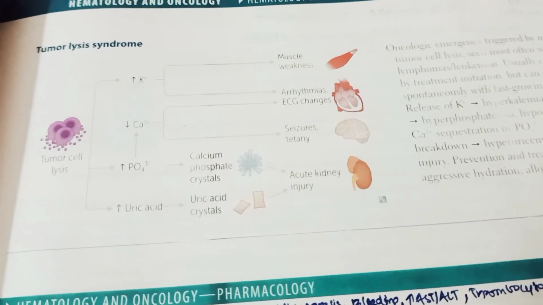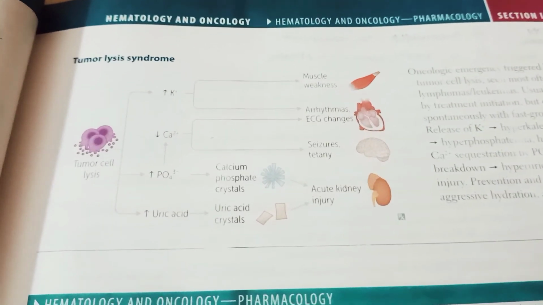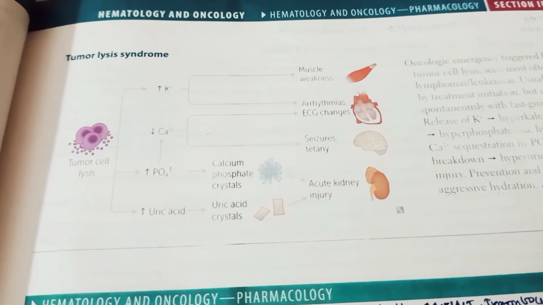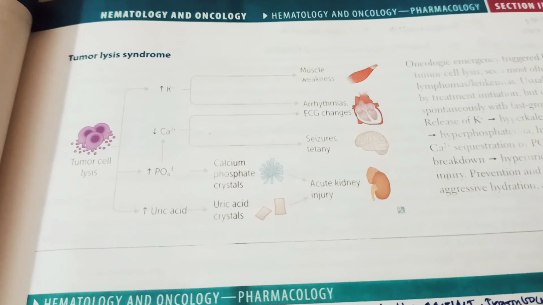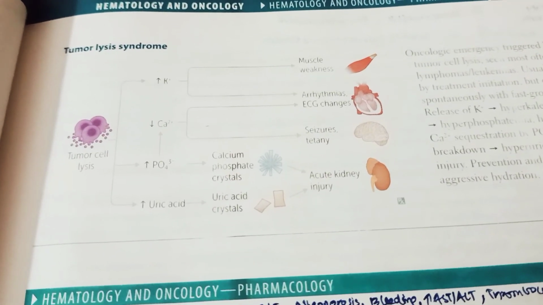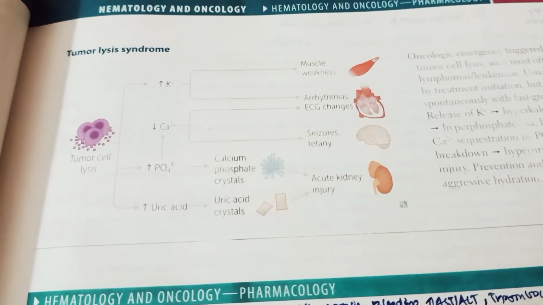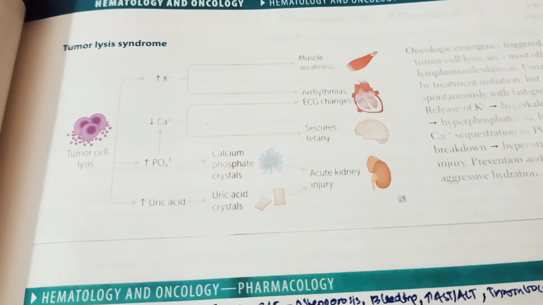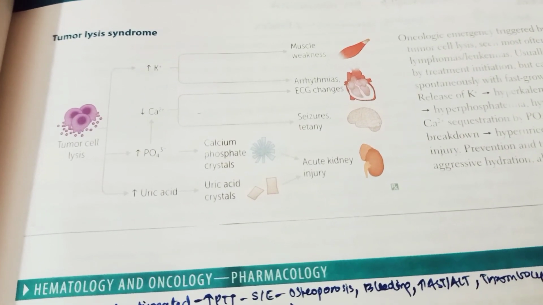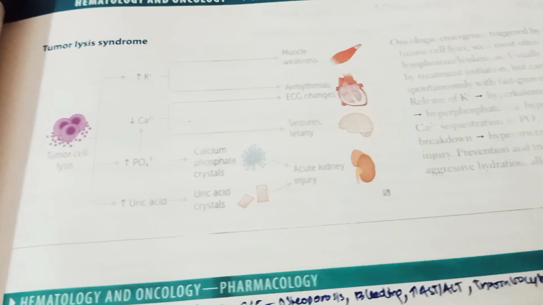Next, finally coming to tumor lysis syndrome. Tumor lysis syndrome is an oncological emergency, triggered by massive treatment of cancers. If you treat cancers, they start to break down, and as they break down, they release many ions.